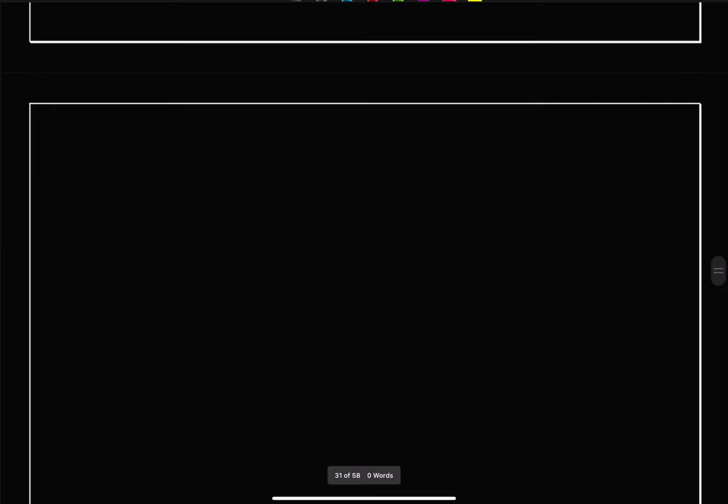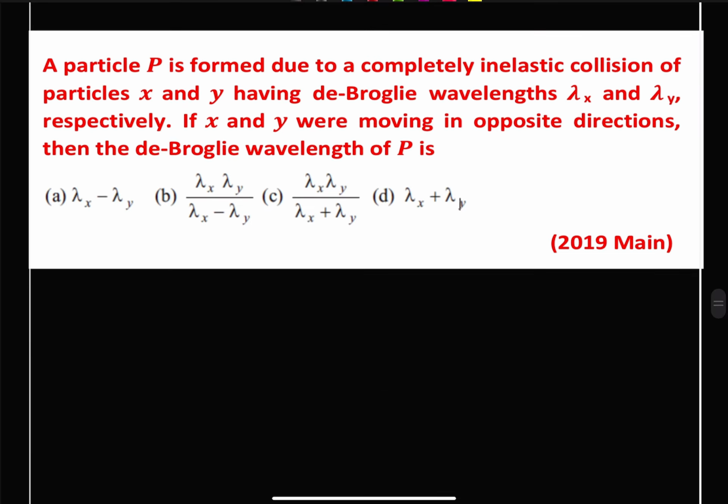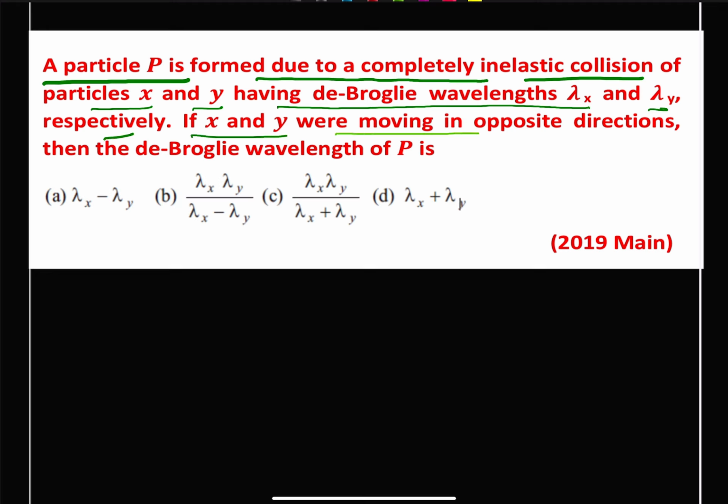Next question. It states that a particle P is formed due to completely inelastic collision of particles x and y having de-Broglie wavelength as lambda x and lambda y respectively. If x and y were moving in opposite directions, then de-Broglie wavelength of P will be.